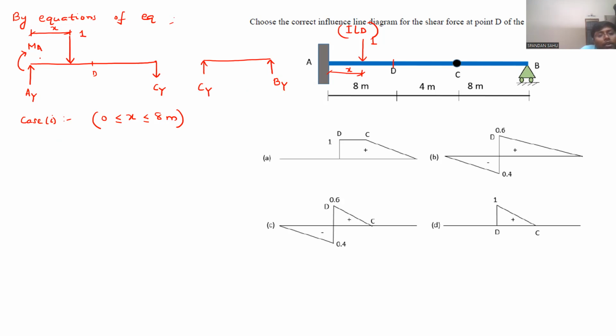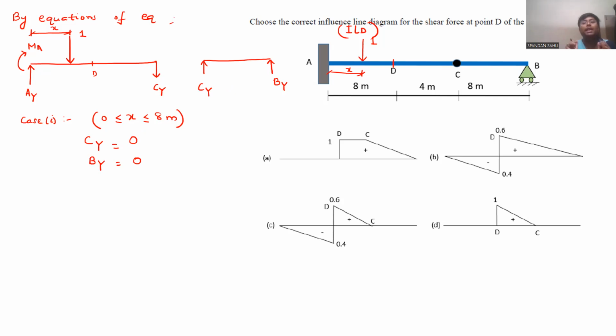When this 1 unit load is moving between A point and D point, what will be the magnitude of these reaction forces CY and BY? There is no vertical load here, so it will be 0 and 0 because the beam is not loaded.